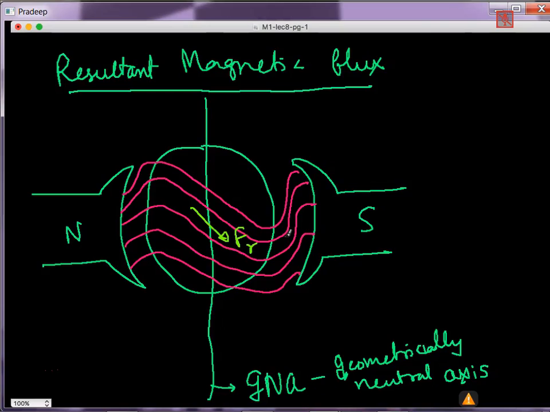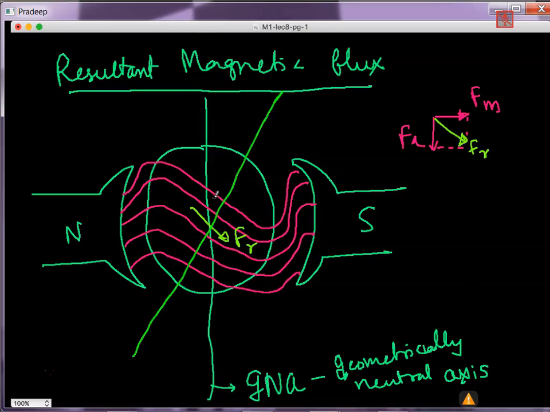So what is the effect of this? This is the main field Fm, this is the armature reaction field Fa, and this is the resultant field Fr. Now Fr is not exactly horizontal, so it has some small angle. You can draw one more axis such that this axis is perpendicular to the magnetic field Fr.